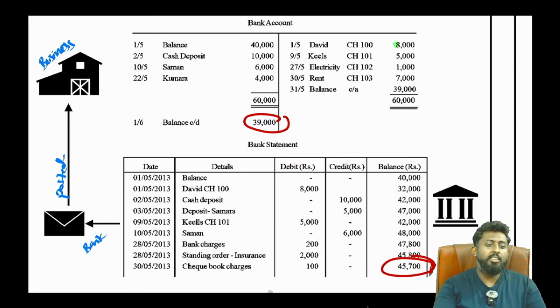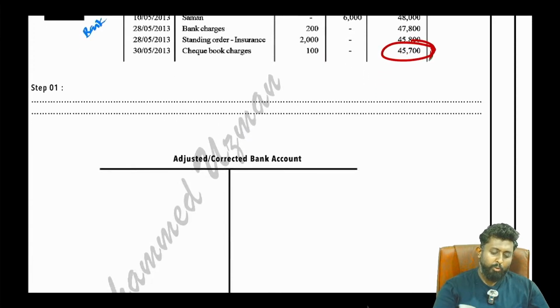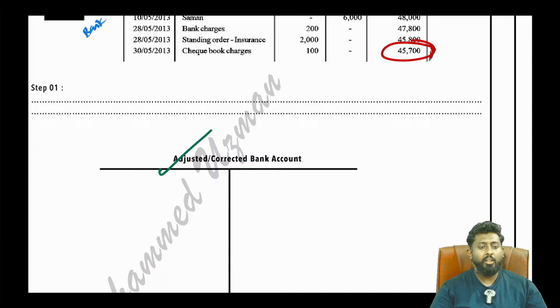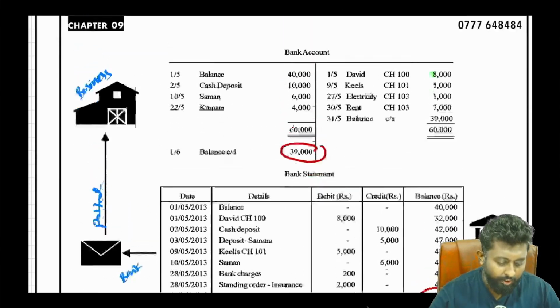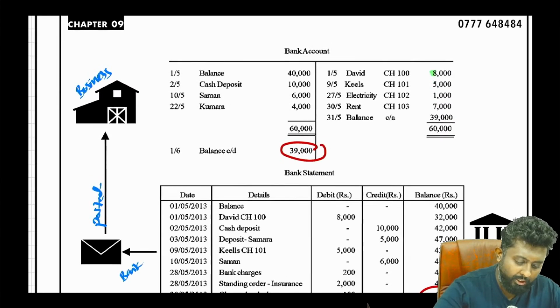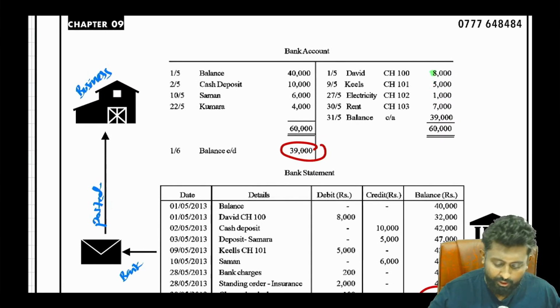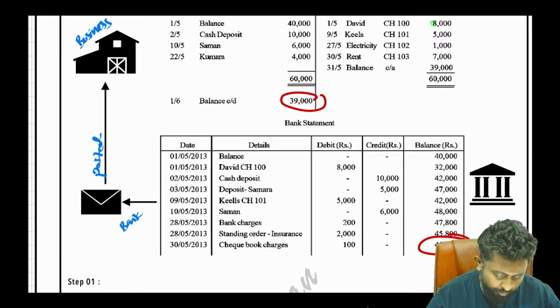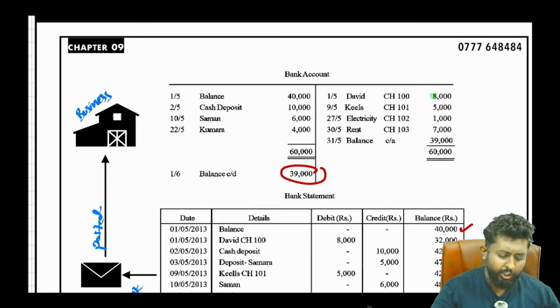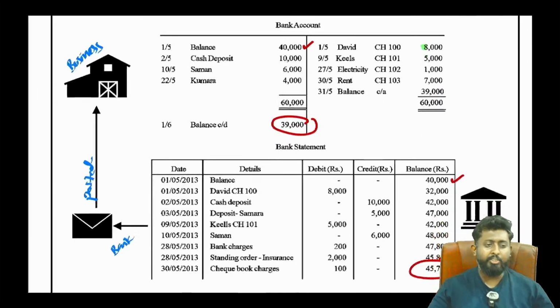So let us take this sum as an example, Putha, and prepare, as step number one, the adjusted or corrected bank account. If you notice, we are going to do a comparison. The first thing they have given is the opening balance. The opening balance is 40 according to the bank, and according to us also it is 40.